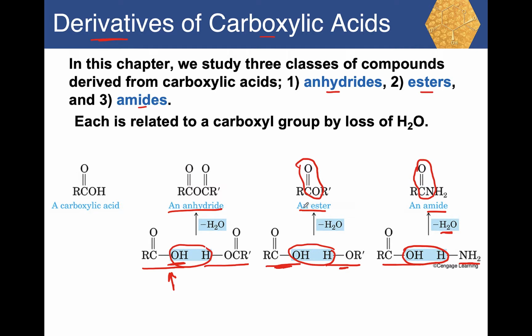As we will see, if we take an ester and react it with water going in this direction this time, we get a carboxylic acid. Similarly, we take an amide and react it with water, we get a carboxylic acid. So we'll see those reactions. So that's why they're called derivatives of carboxylic acids.